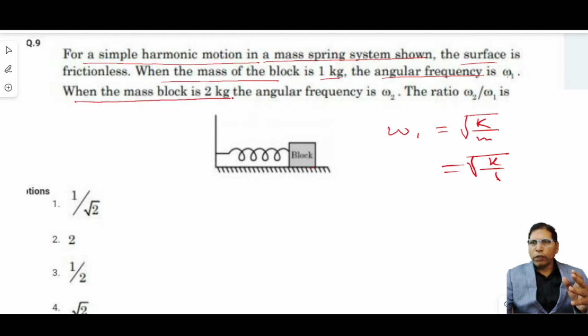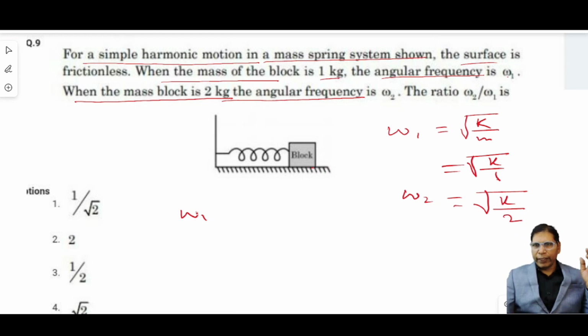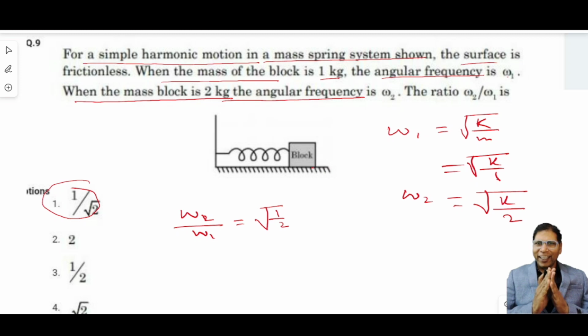When the mass of the block is 2 kg, the angular frequency is omega 2. So omega 2 is root over k by 2. So omega 2 by omega 1 equals root under 1 by 2. Okay, so option A is correct. Understood?